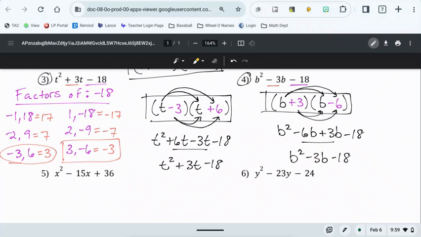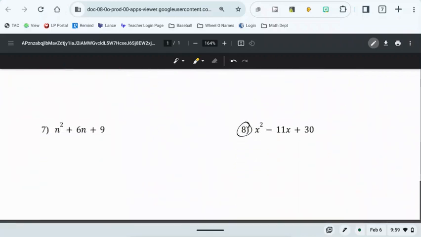All right, let's do one more together, and then we'll have you all try the rest on your own. First step, look for factors of 30. Let's actually give us a little bit more room. So we have 1 and 30, 2 and 15, 3 and 10, 5 and 6.